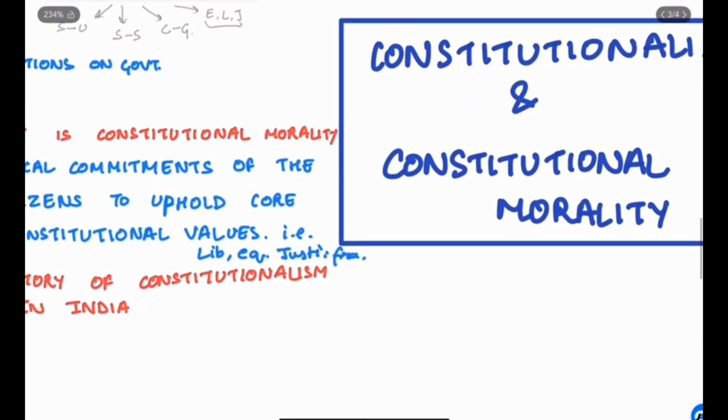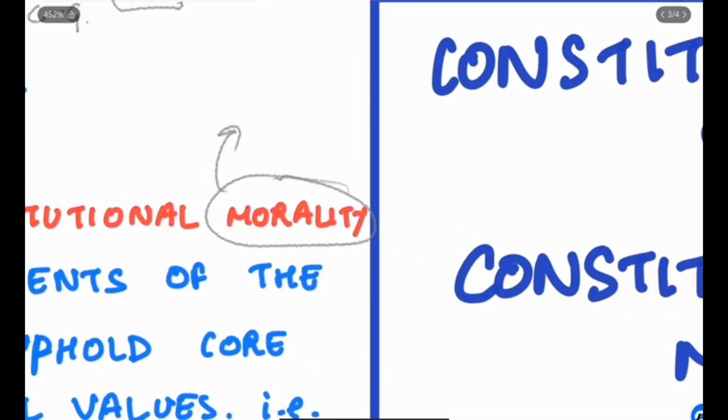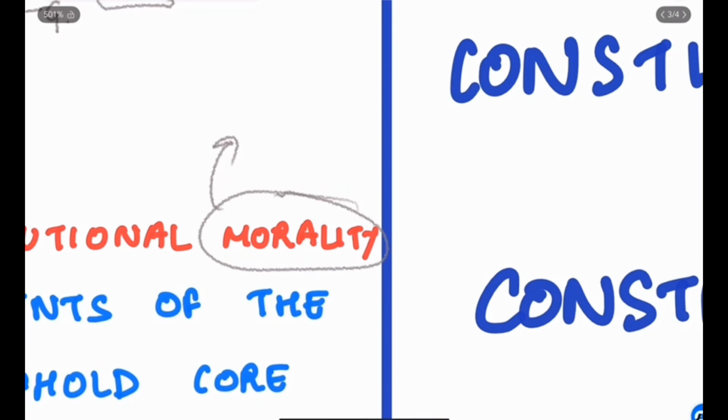So what is morality? Now, what is morality? Morality is anything that our values are based on. In ethics, we study morality. What is it? It is basically the ideas that we believe in.